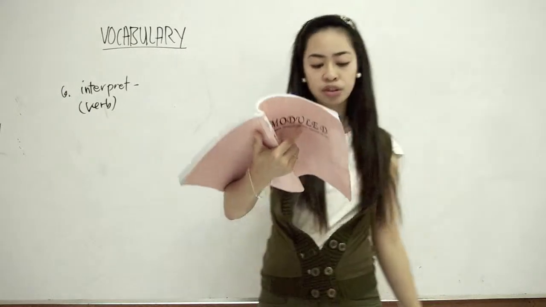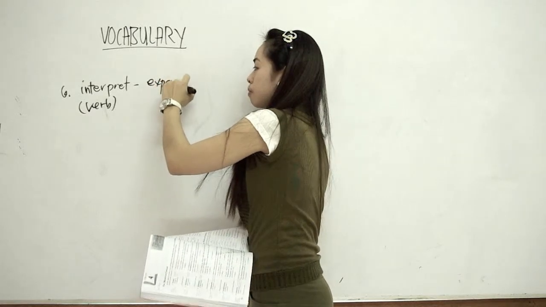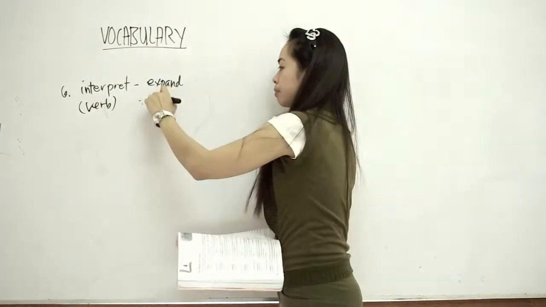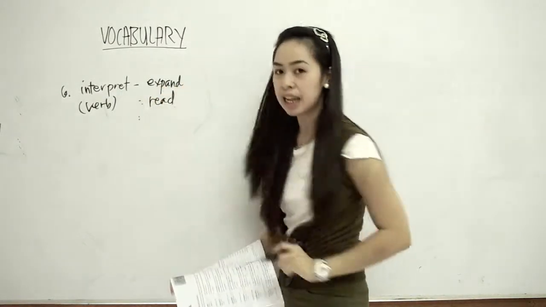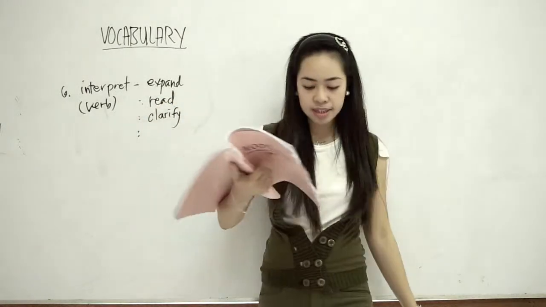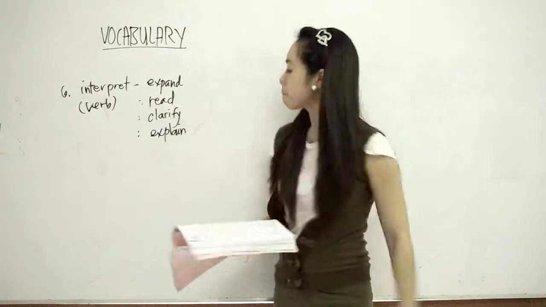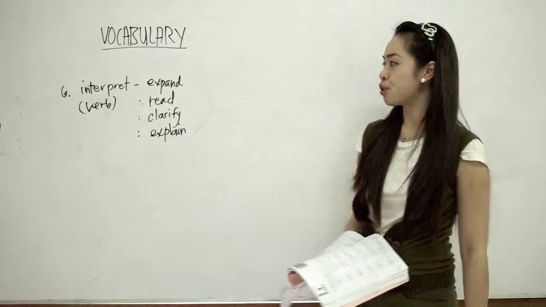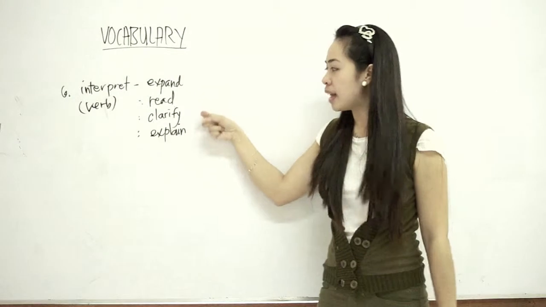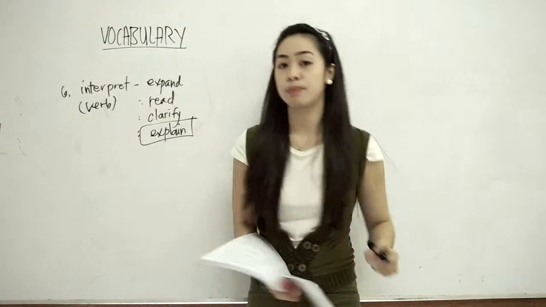Good synonyms for interpret are expand, read, clarify, explain. So among these examples are the synonyms for the word interpret: expand, read, clarify, explain. But the best word would be explain, right?